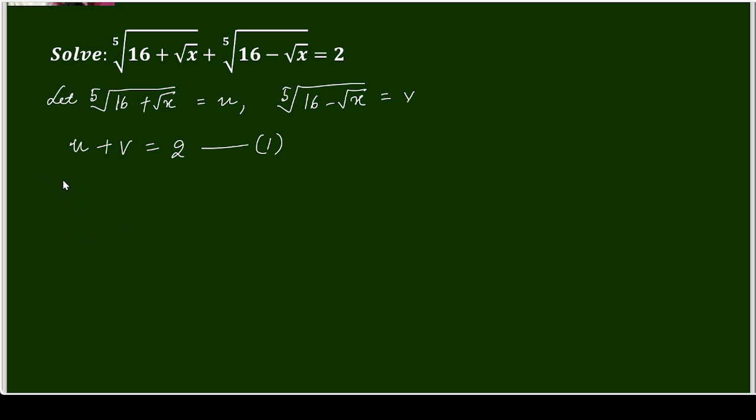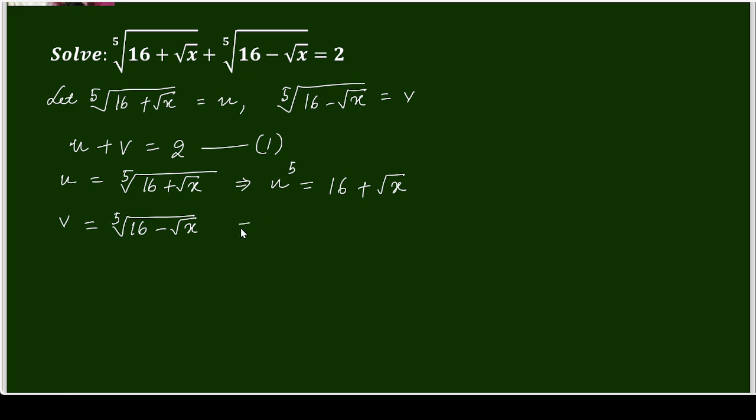Now when u equals fifth root of 16 plus square root of x, raising to the power 5 on both sides, I'll get u to the power 5 equals 16 plus square root x. In the same way, v equals fifth root of 16 minus square root of x, so v to the power 5 equals 16 minus square root x.